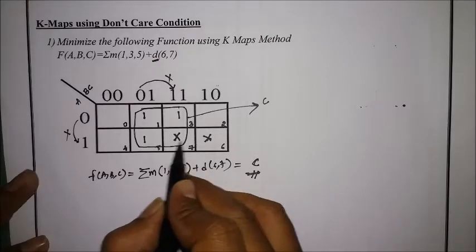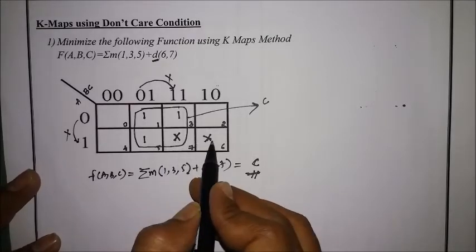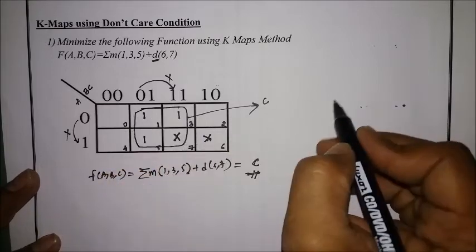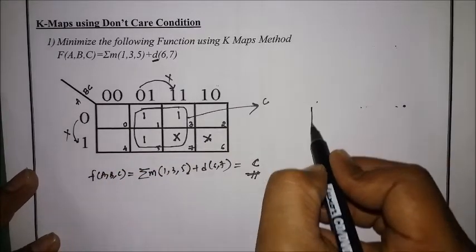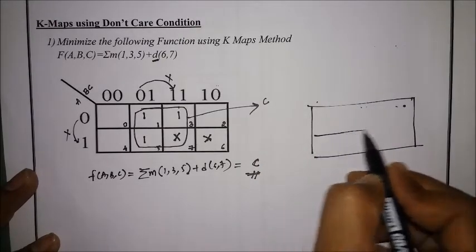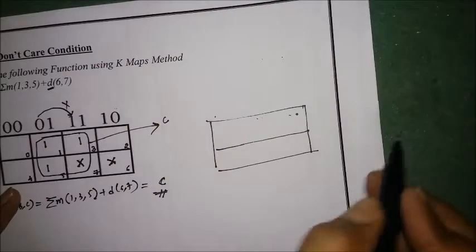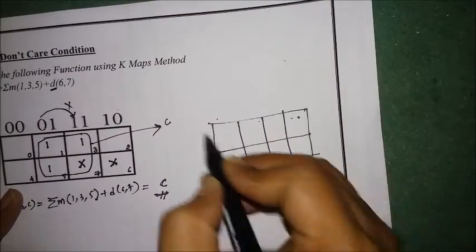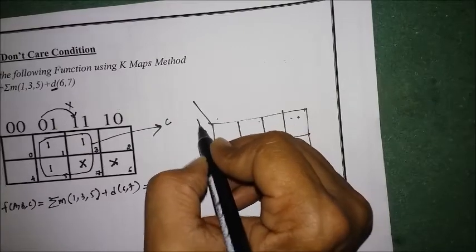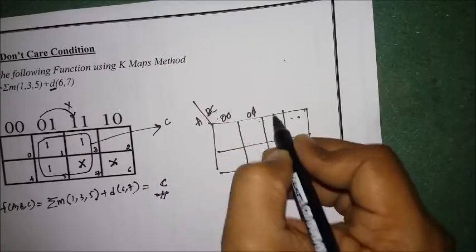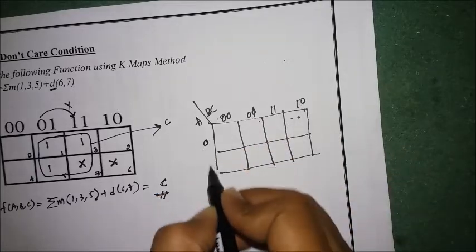Suppose the don't care entries are not there, then I need to group these separately. That is, we will see now without don't care entries. Here A, B, C, with 0 0 0 1 1 1 1 0 0 and 1.